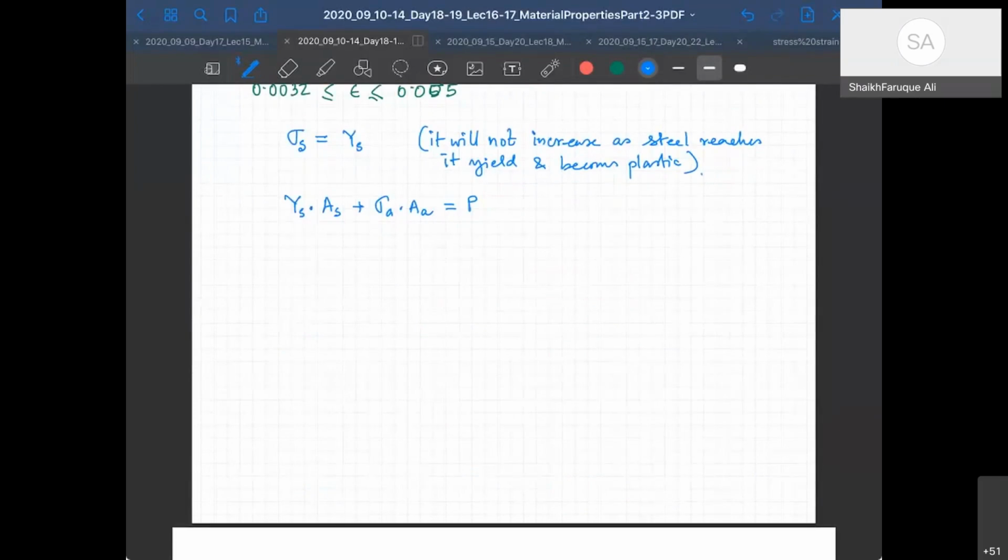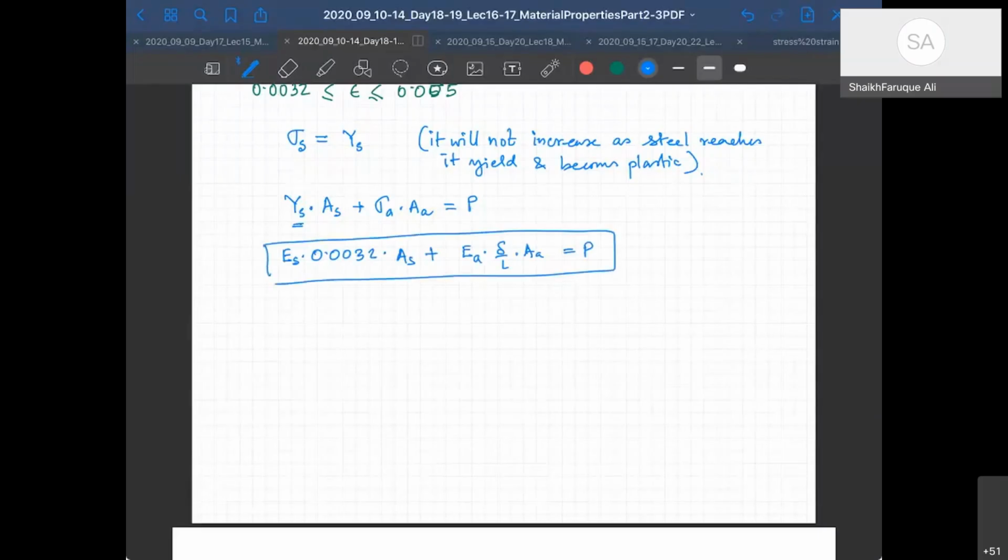That becomes your P. And we know that in case of YS, we can write it as ES into 0.0032 into AS plus sigma A into delta by L. So this will be your P delta relationship.